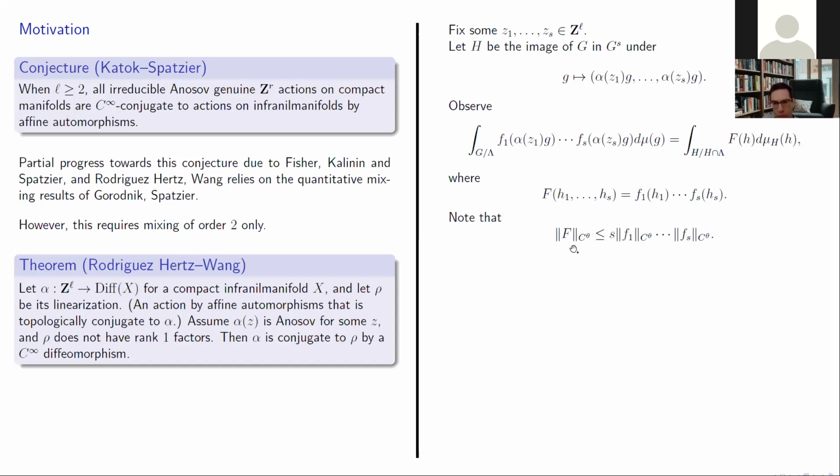So also note that the Hölder norm of capital F can be bounded by the product of the Hölder norms of the original test functions. So if we can really estimate this integral in terms of the Hölder norm of capital F, then we will be in good business.